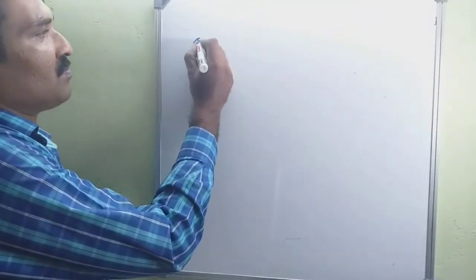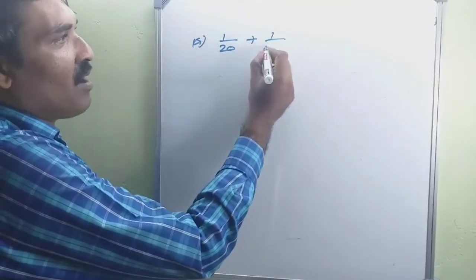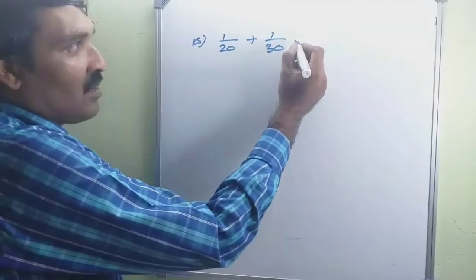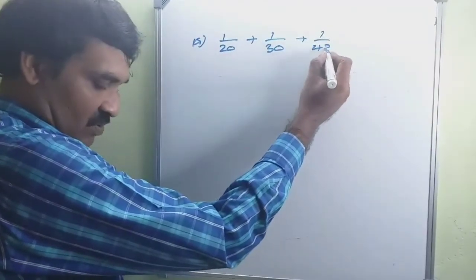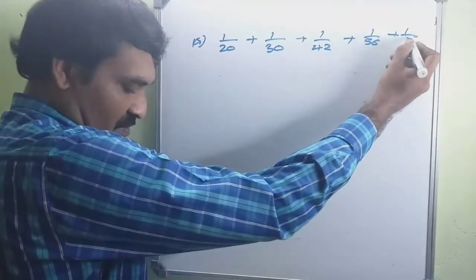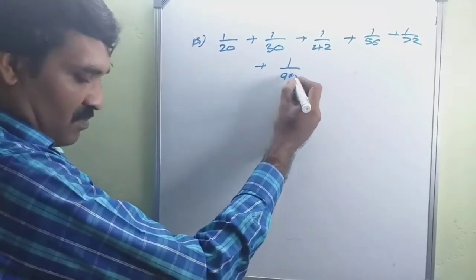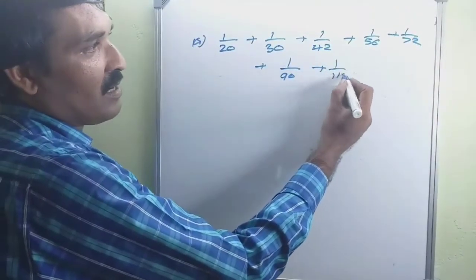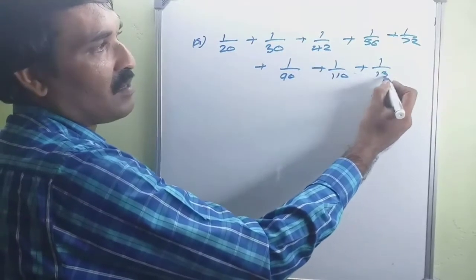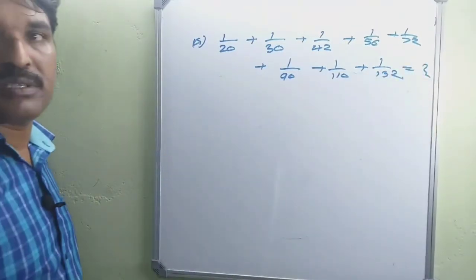Question is 1 by 20 plus 1 by 30 plus 1 by 42 plus 1 by 56 plus 1 by 72 plus 1 by 90 plus 1 by 110 plus 1 by 132 is equal to question. Okay, this is our question, right?